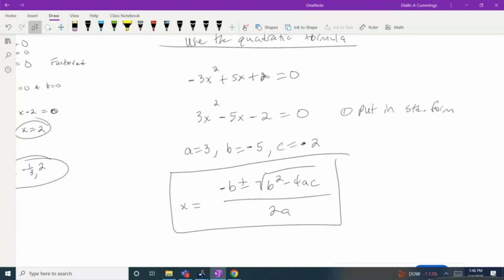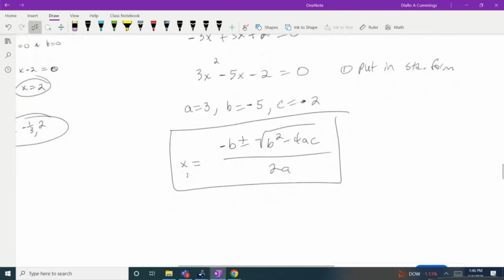All right, so we put it in standard form. We pulled out A, B, and C. So x is going to equal negative, because that's a part of the formula, times b, which is a negative 5. You have to make sure you keep all operations and signs, plus or minus the square root of b squared.